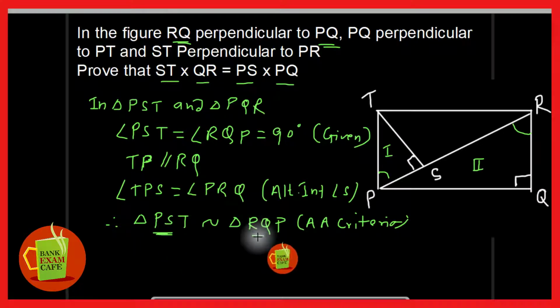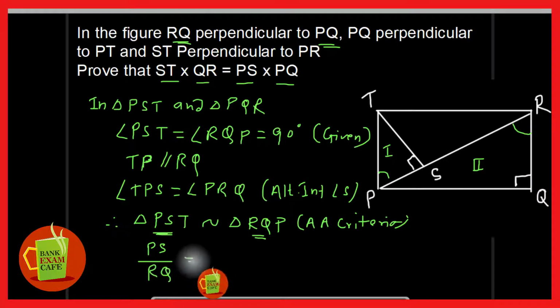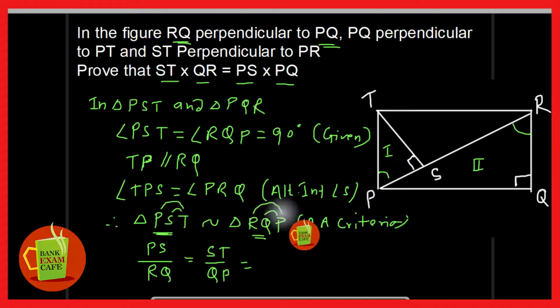PS, its corresponding side is RQ, and therefore PS upon RQ is equal to ST, whose corresponding side is QP, so ST upon QP, that is equal to PT upon RP, no, PT, whose corresponding side is QP. So their ratios will be equal.